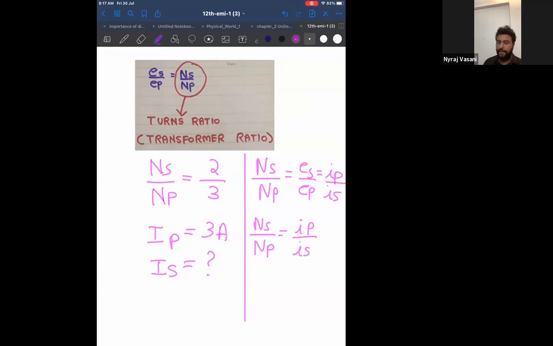Now, NS upon NP is 2/3, equal to 3 upon IS. Correct? Somewhat clear? Now, I have to find IS. So, start and tell me which do you think is the closest option?